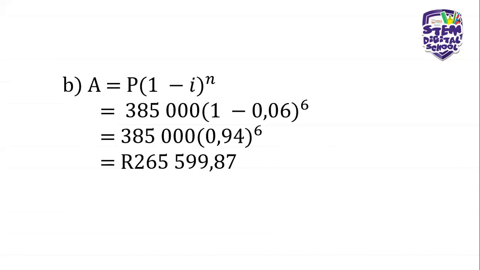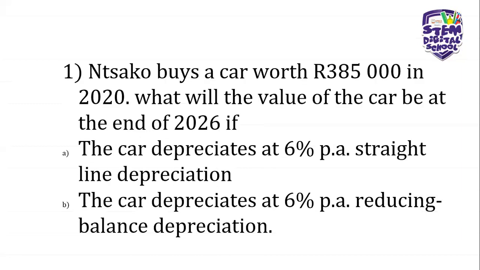Sometimes the number of years may not be stipulated per se. Like in this case, you know that the transaction took place in 2020, and you need to look at the balance depreciation at the end of 2026. So if you count from 2020 to 2026, that will be 6 years.